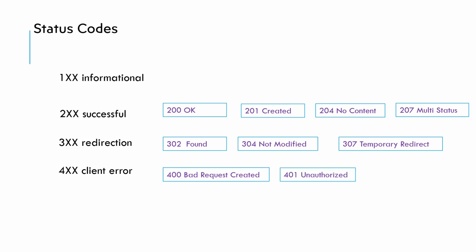Second is the 401 Unauthorized. If a web service is properly secured and somebody wants to break into it, you'll get this 401, that you are unauthorized. Please set up your security credentials before you can access it. Then we have the 403 Forbidden.